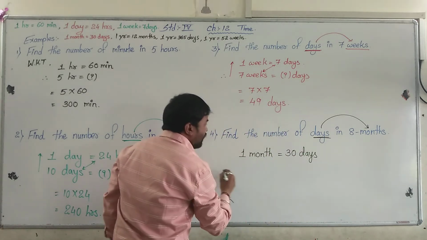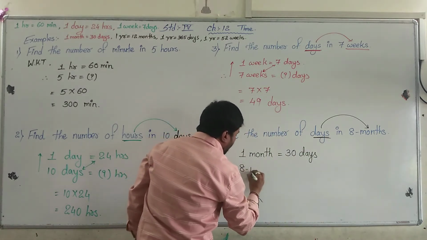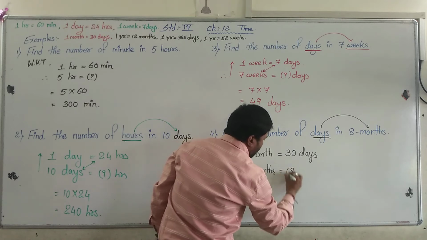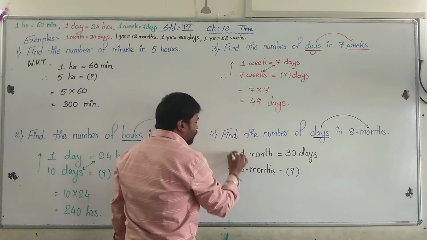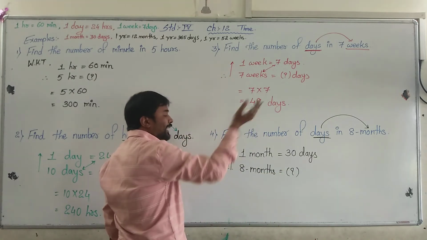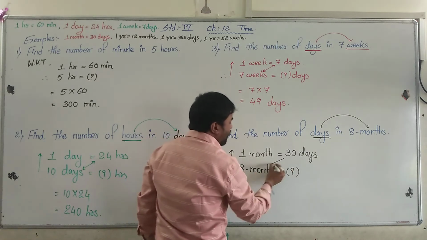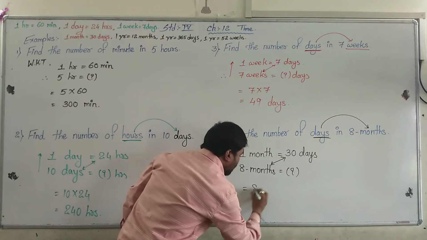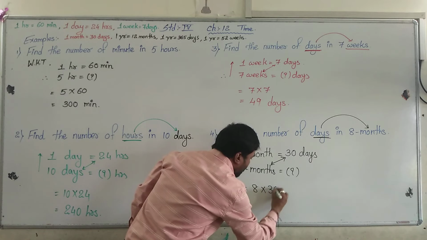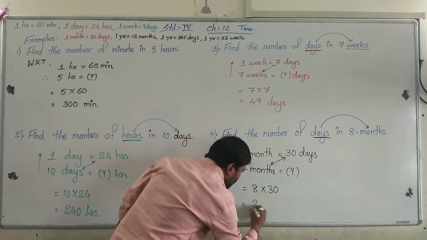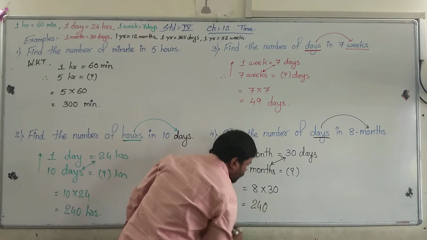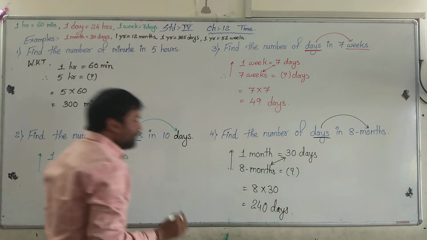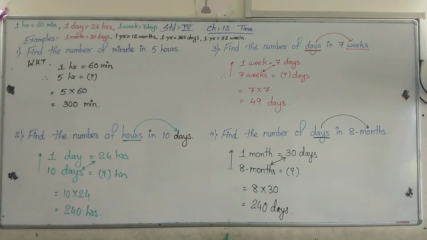Therefore, how many months are given to you? 8 months. 8 months will be how much? The months have increased, from 1 to 8. What do we have to do here again? Cross multiply. So that is 8 multiplied by 30. 8 3s are 24 and that 0. So 240 days. Are you getting it?